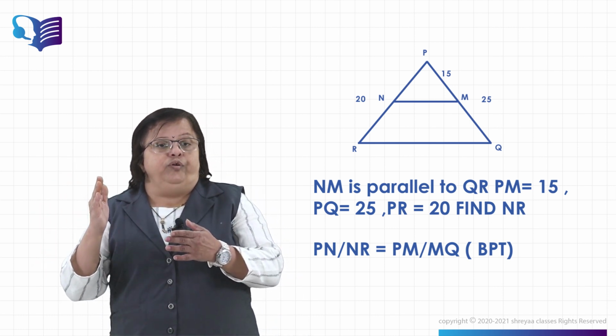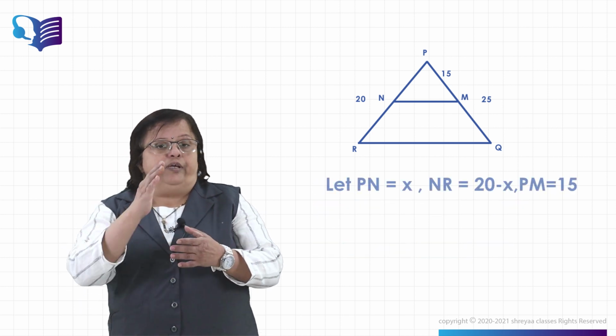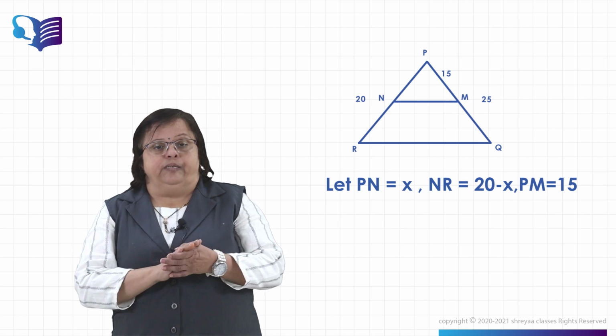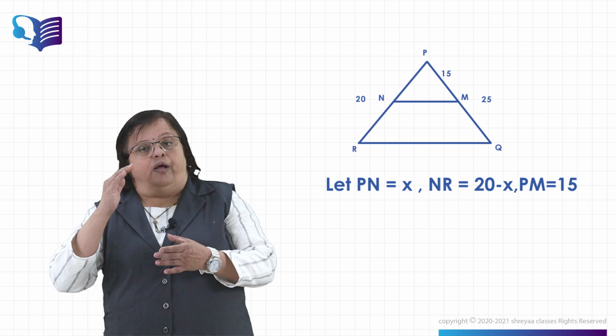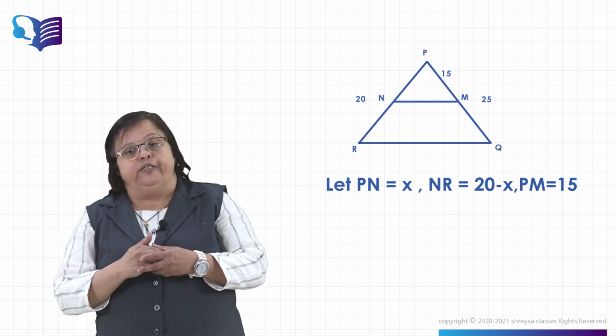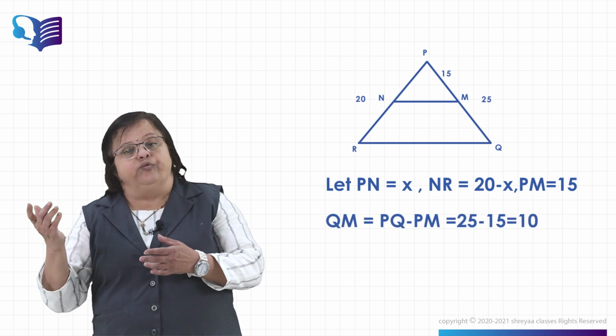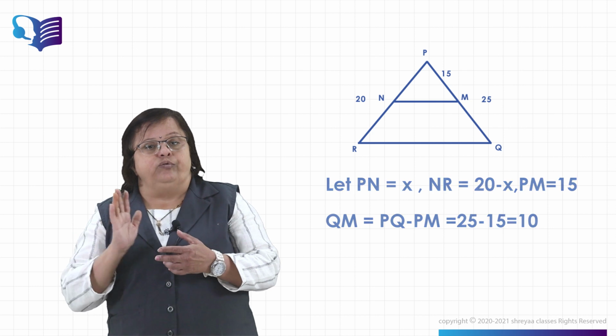Now we don't know PN, so we assume it as x. Therefore, NR will be 20 minus x because PR is given as 20. And here PM is 15 and QM is 10 because PQ is given as 25. Therefore, 25 minus 15 is equal to 10.